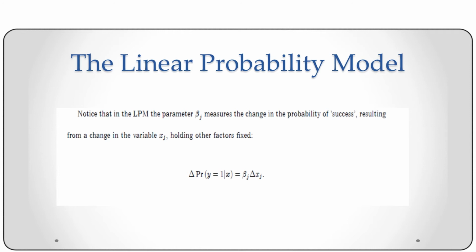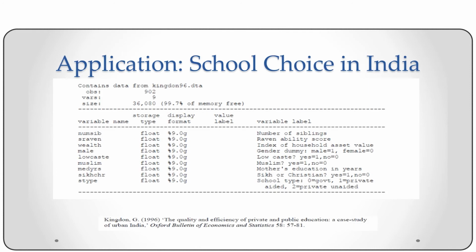So this is why when the linear model is applied to binary outcomes, we rename it as the linear probability model. So to repeat, the linear probability model states that the probability of y equal to 1 given x is equal to x prime beta.